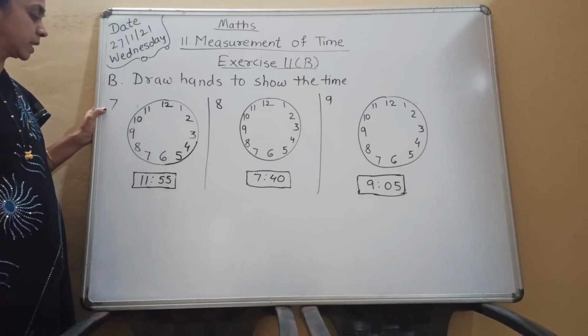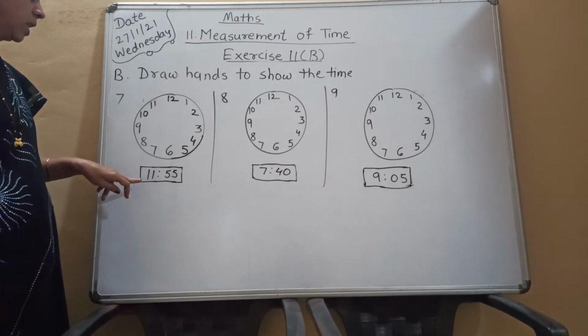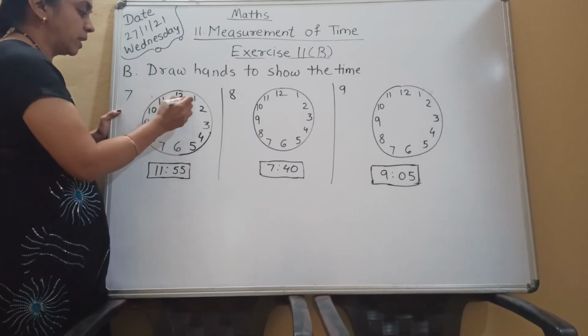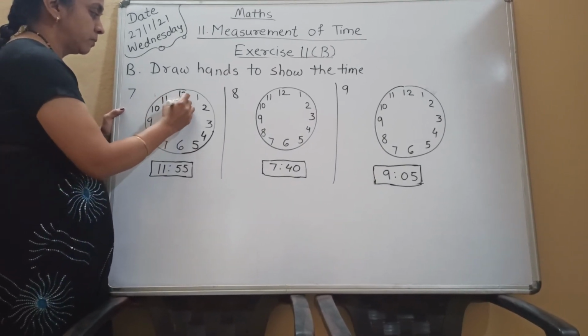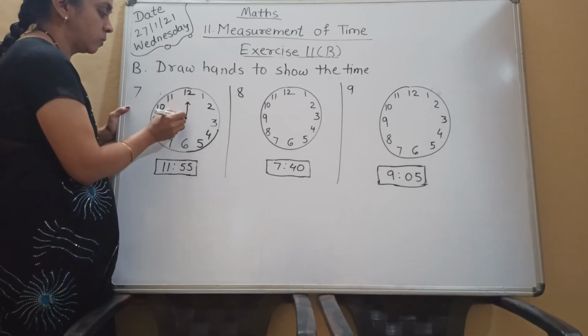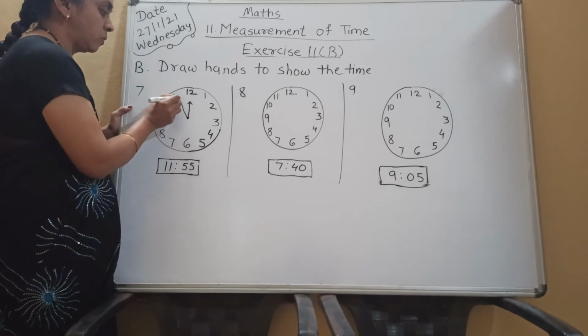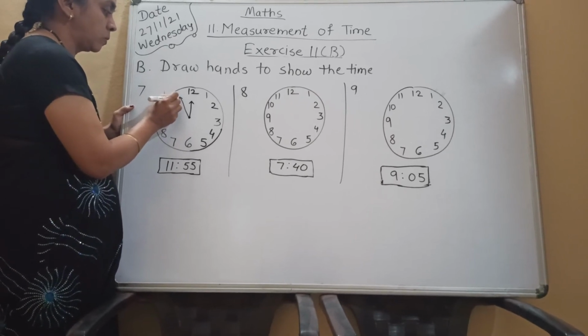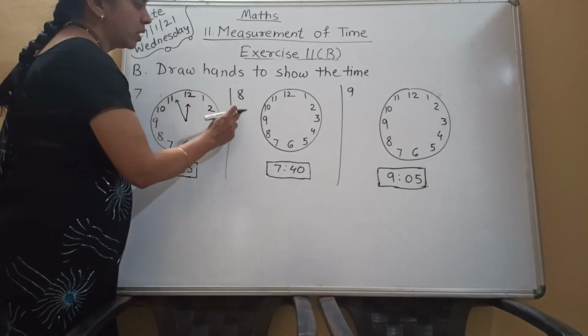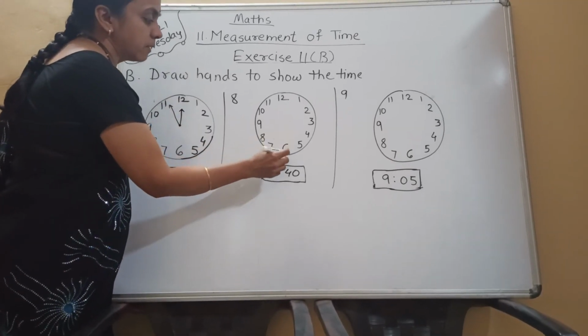Now see seventh example. What time is given? 11:55. 11:55 means 5 minutes to 12. Five minutes to 12. Now see eighth example. 7:40.